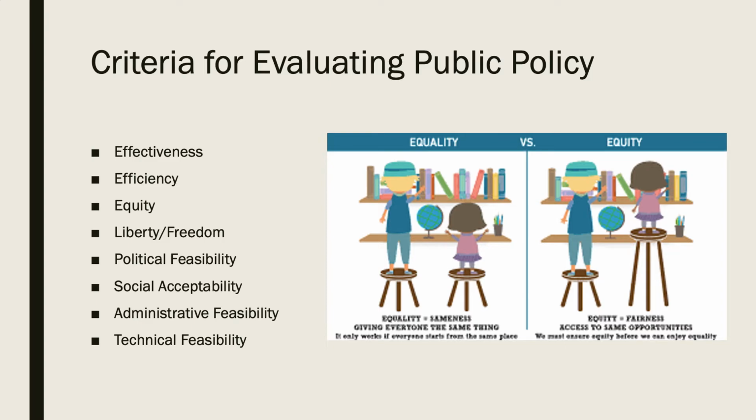Something could be very efficient, save us a lot of money, but it could also impede on people's liberty or freedoms. We can talk about different examples in a more specific context to the policy issues that we're going to discuss in class.